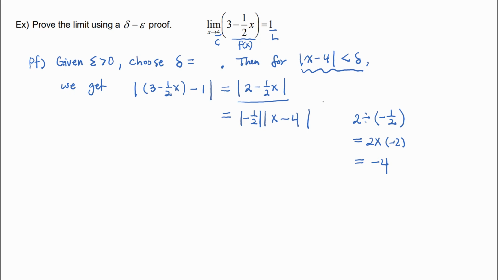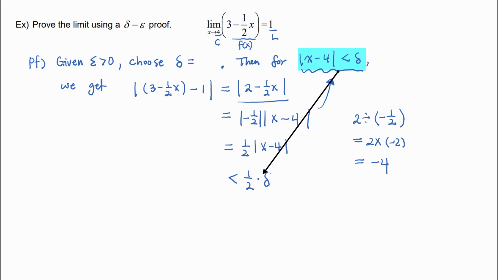And that's exactly what you needed, right? It always falls like that. If you don't get that, then you are doing something wrong. So here we go. The absolute value of negative 1/2 is 1/2, times absolute value of x minus 4. And by hypothesis, absolute value of x minus 4 is less than delta.